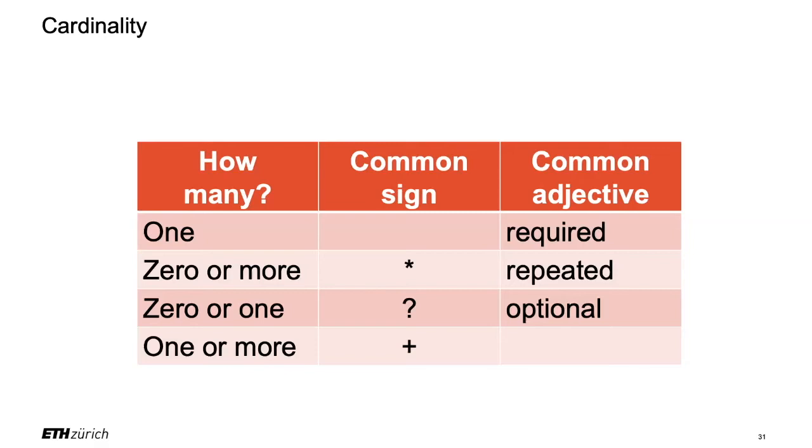So this is called the cardinality, right? And it turns out that here too, many technologies have exactly these 4 categories out there of cardinalities. The first one is exactly 1, right? The second one is 0 or 1, and this one is associated often with a question mark. That shouldn't surprise you because this is actually like in regular expressions. So if you know regular expressions, then that will be very easy for you to remember, right?